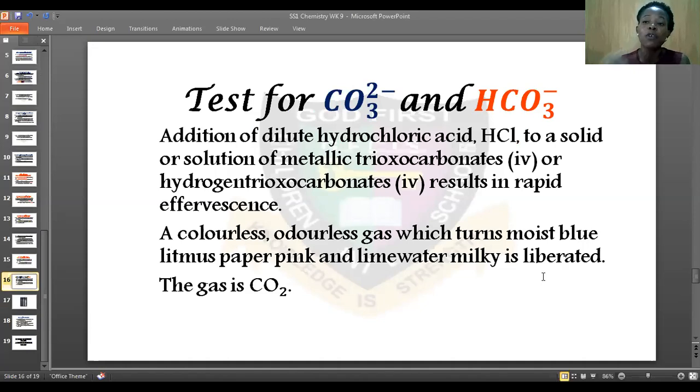They will produce carbon(IV) oxide when reacted with HCl, that's hydrochloric acid. So they will turn moist blue litmus paper pink and turn lime water milky because carbon(IV) oxide is produced.